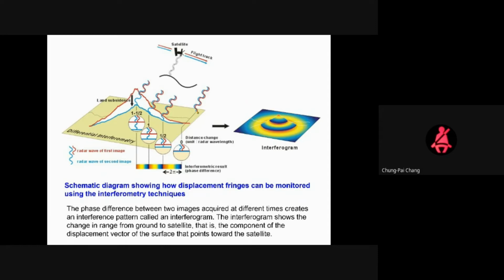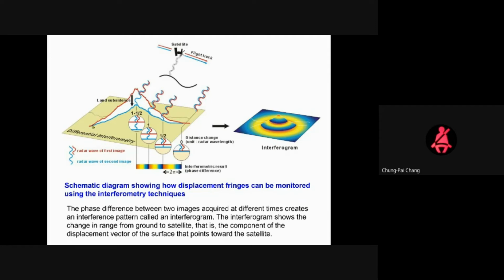So you can see the red wave shows the radar wave touch the surface and return, touch the surface and return. And 1 year later, the volcano cooled down a little. So of course there was some subsidence in this area after the eruption. 2 years later, the satellite passed through the same area and took the second image.